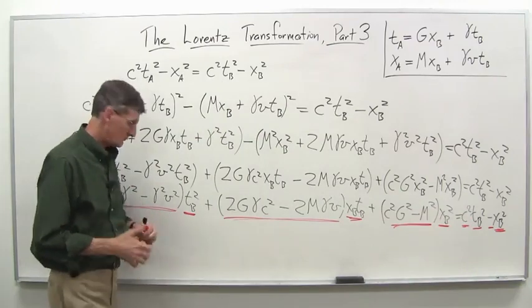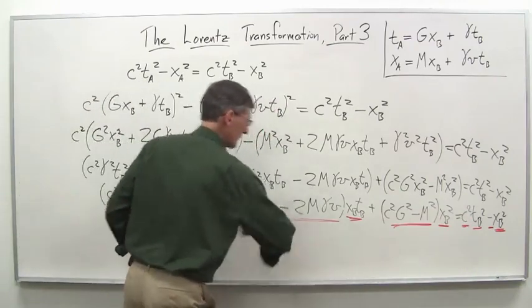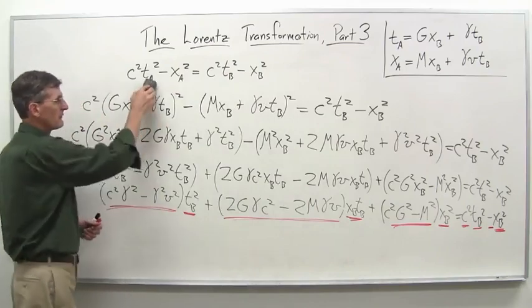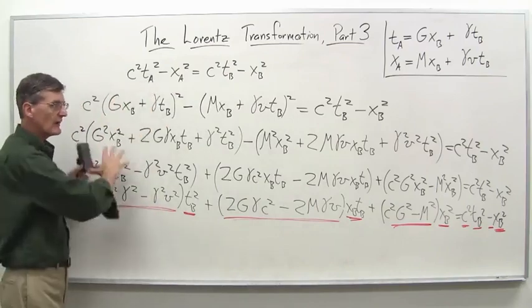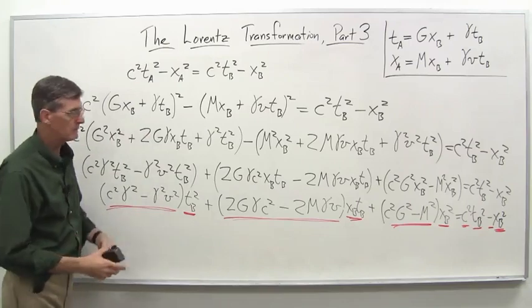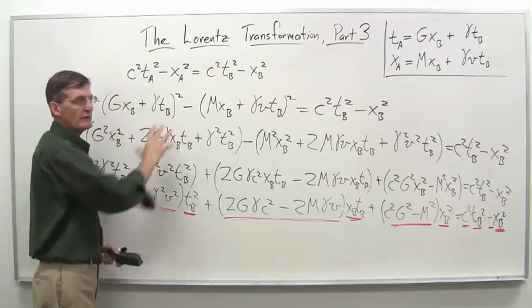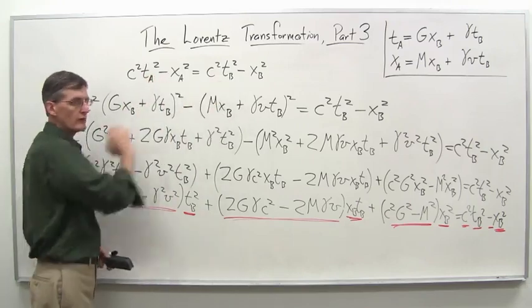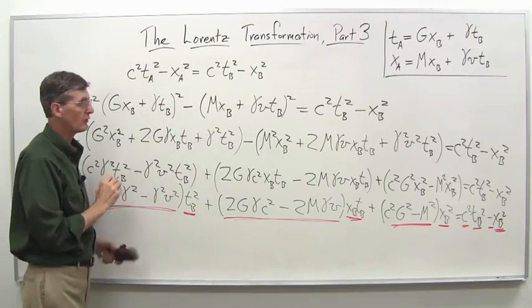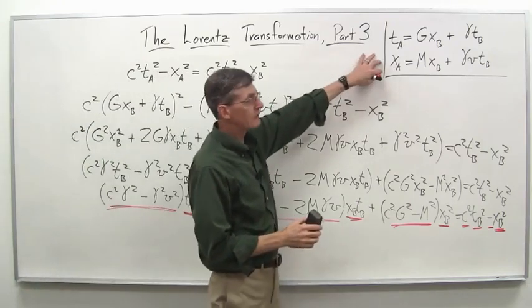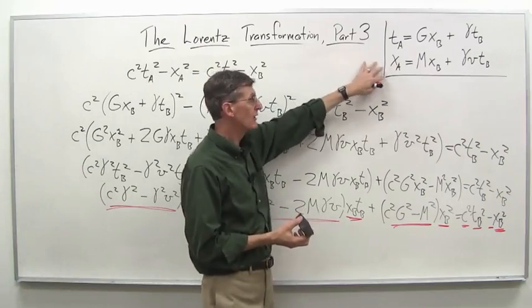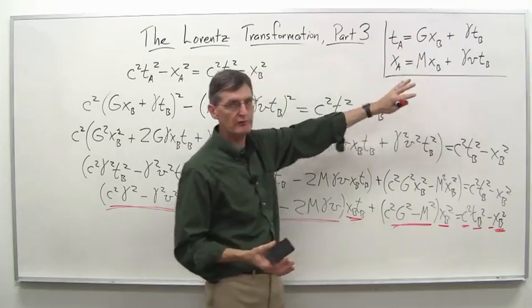So let's write our conclusions down here. We'll keep that last part there. Remember, this is our starting point. A lot of algebra here, a fair amount maybe, but the idea is fairly straightforward, we hope. That is the invariant interval equation, which we derived before, our linear form of our two transformation equations with the g and m in there, because we don't know what those are yet.